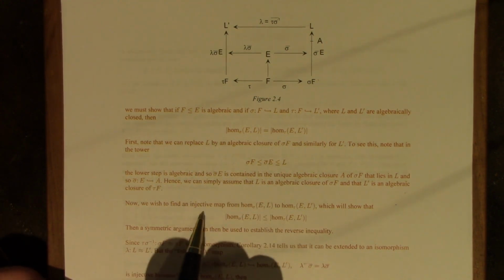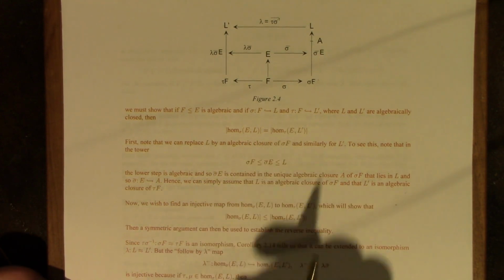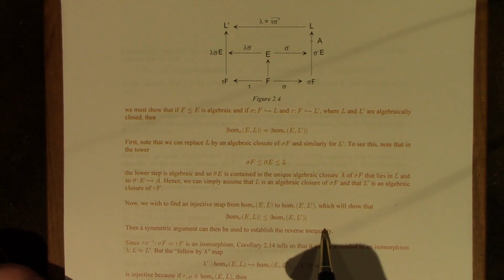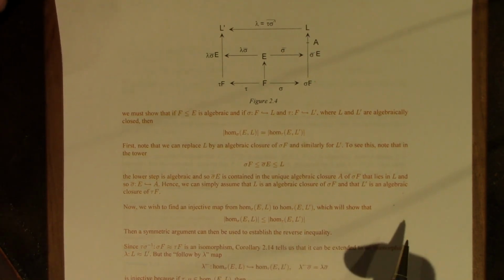So what we want to do to show that these cardinalities are the same is to do it in 2 steps: show that one cardinality is less than or equal to the other, and then a symmetric argument will give us the reverse inequality.